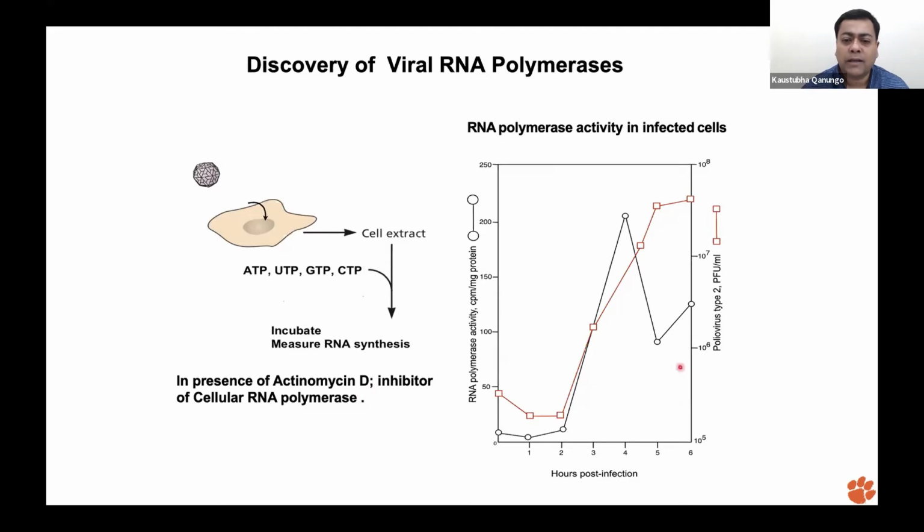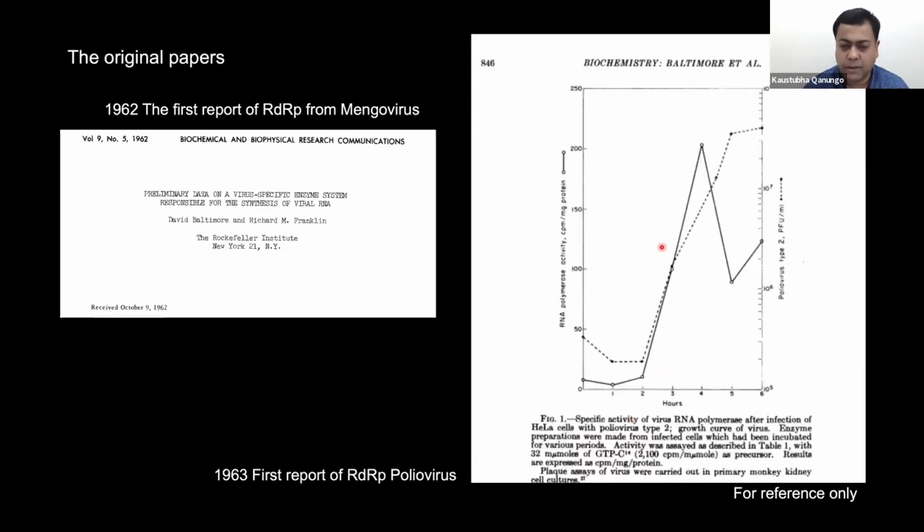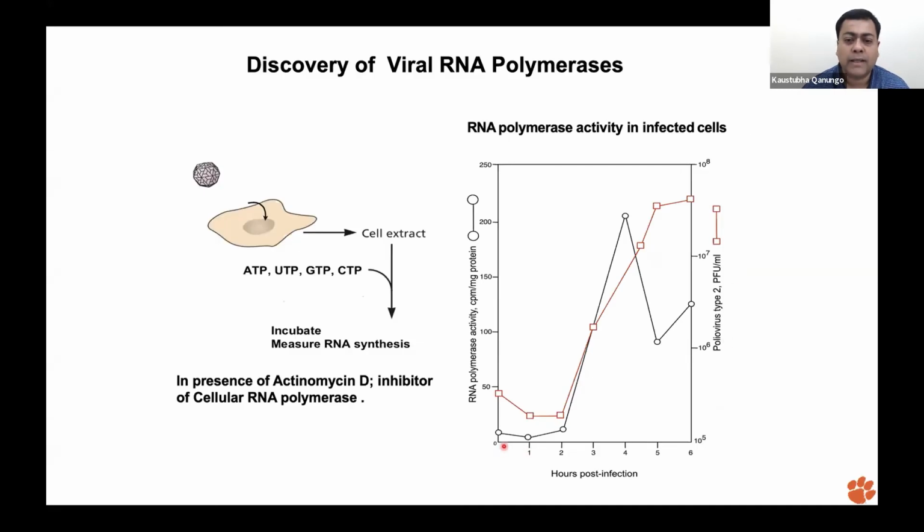This is the same graph from the original paper, just modified a little bit. You can see the hours post-infection with the poliovirus, and here is the poliovirus amount. You have the initial eclipse period, then you have the burst. That's the poliovirus growth in red. And you are seeing the RNA polymerase activity plotted here.